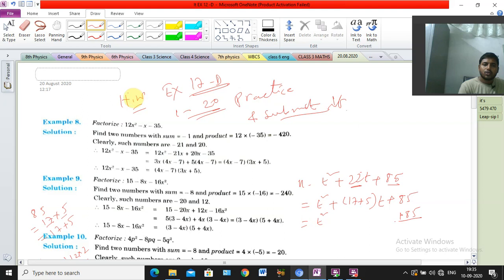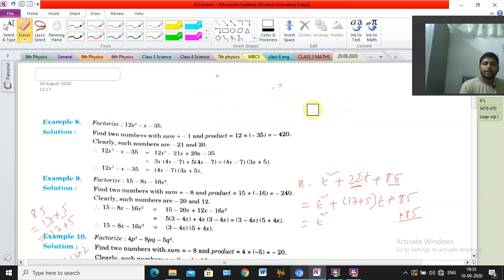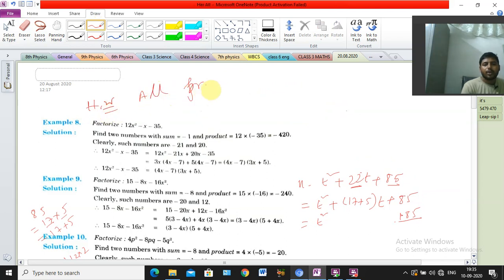So your homework. Just a minute, I am erasing a little here. Homework, sir: all problems of exercise 17D, I think this one.